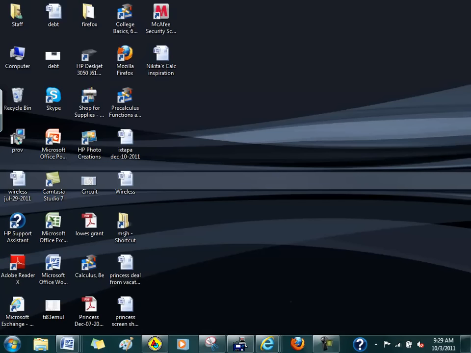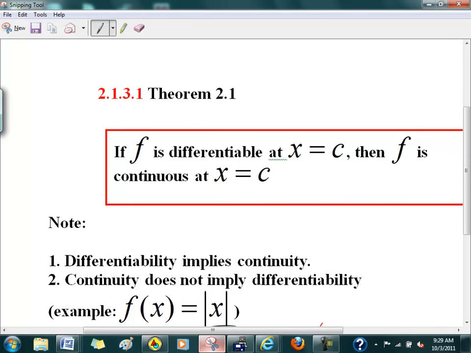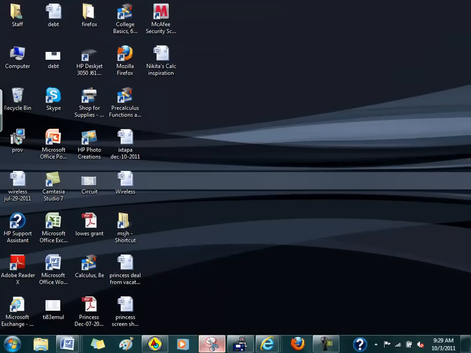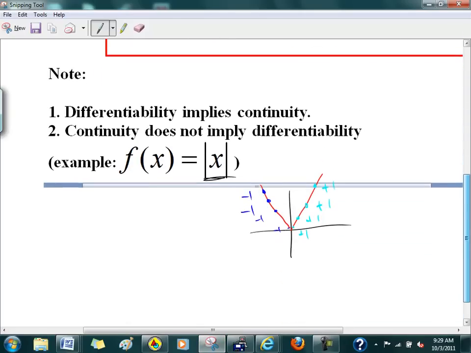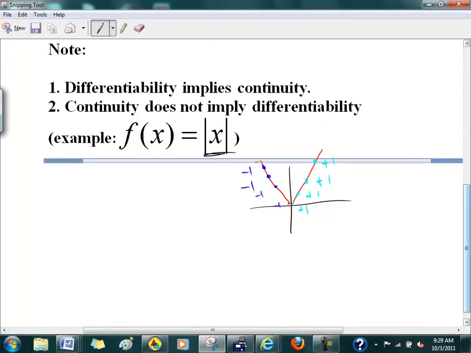At this point here, right at the tip, on one side it's minus 1, on the other side it is plus 1. It doesn't know what the derivative is. Am I a minus 1 or a plus 1? I have no clue.